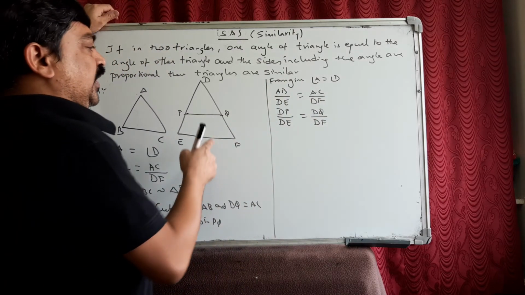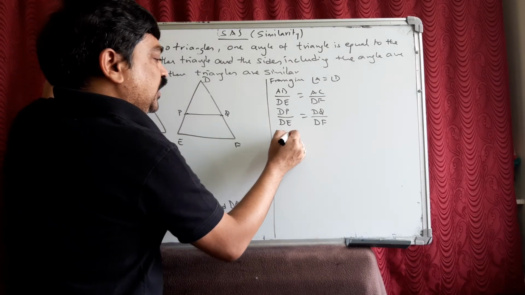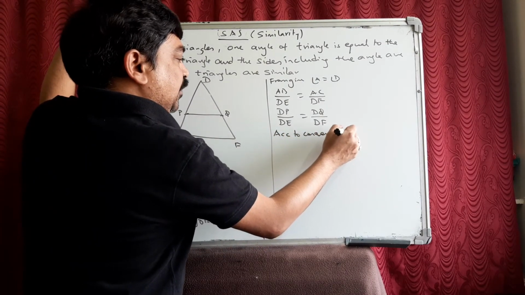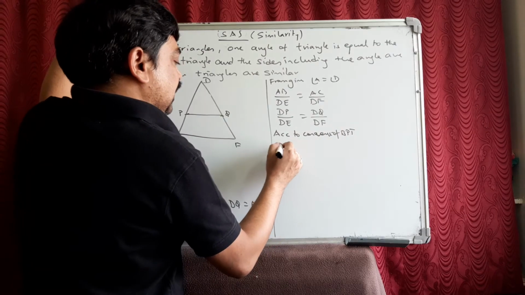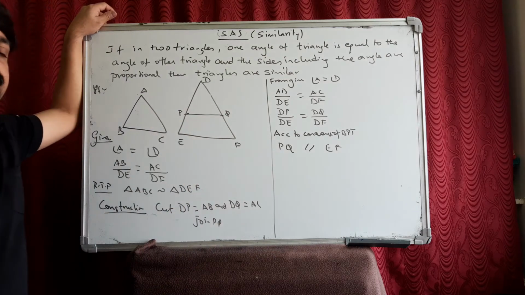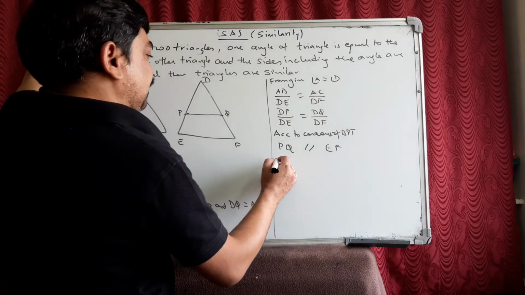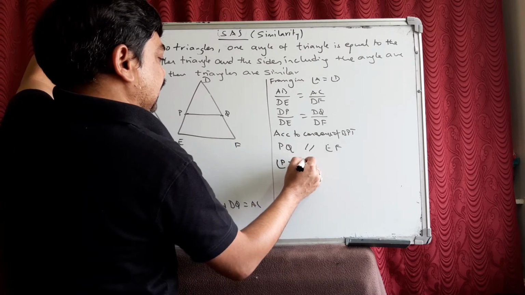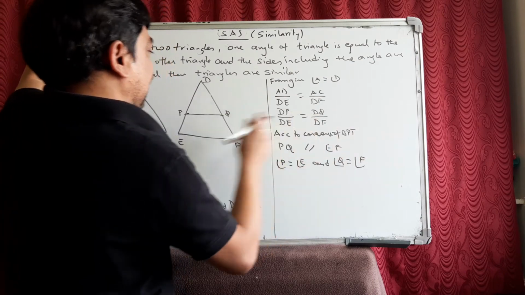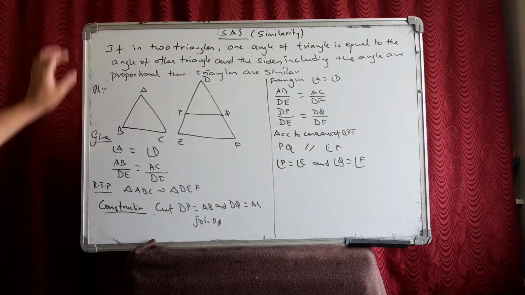Now when DP by DE is equal to DQ by DF, according to the converse of BPT, the basic proportionality theorem, PQ is parallel to EF. When PQ is parallel to EF, angle P is equal to angle E and angle Q is equal to angle F. Right?